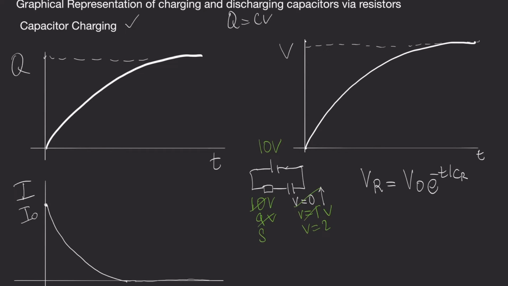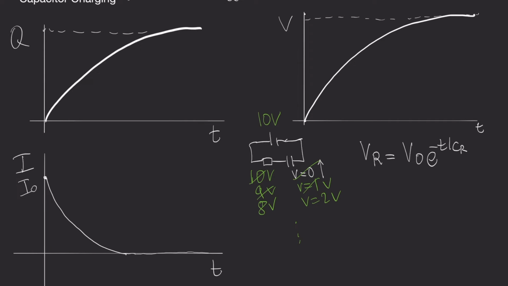This one here has to decrease to 8 volts, and so on and so forth. Keep adding up until they reach 10 volts. Now, after some time, the voltage across the capacitor will end up being 10 volts, and the voltage across the resistor will end up being 0 volts.